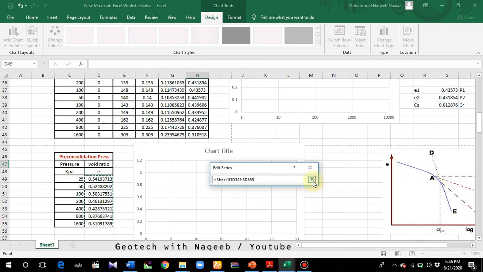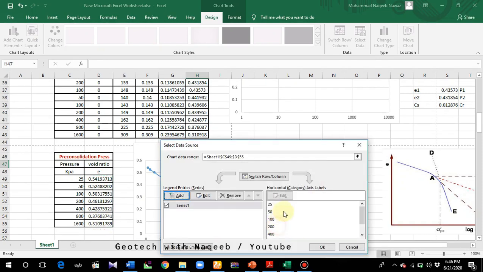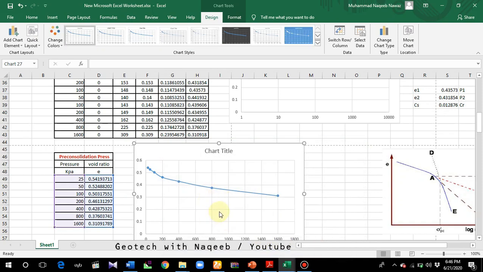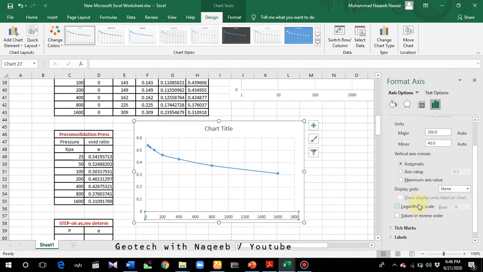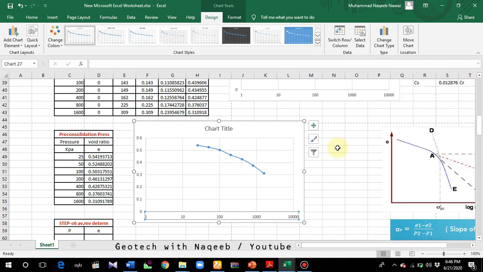So this is how I will draw a graph. Now the graph is plotted, but again, it will be in log scale. So I will double click over here and convert this into log scale. So this is how you obtain the log scale graph, e versus log p.